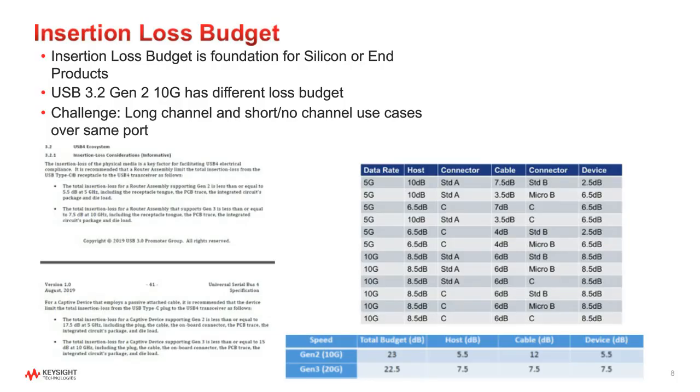And you can tell it's quite different. So, for example, in 10 gig you may say, hey, look, I've got 12 dB of loss on the cable. Great for the cable vendor, but if you notice, you lose that budget on the host or device side, and you need to embed a lossy cable and device. So this is a really critical chart for all of us, especially those of you doing silicon.